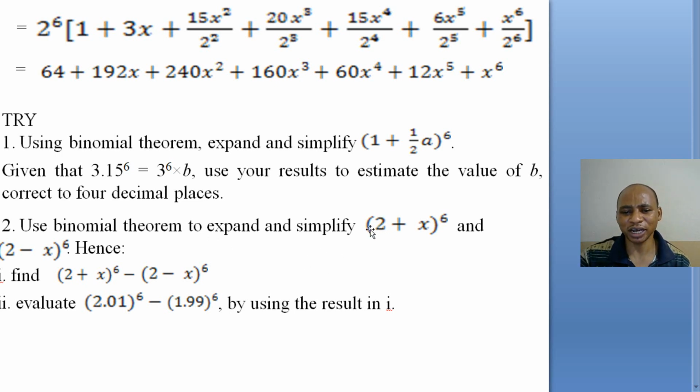Now, let me give you the clue in the second trial question. You need to factorize out 2. And you end up applying the second part of the binomial theorem, that's a plus x all raised to the power n.